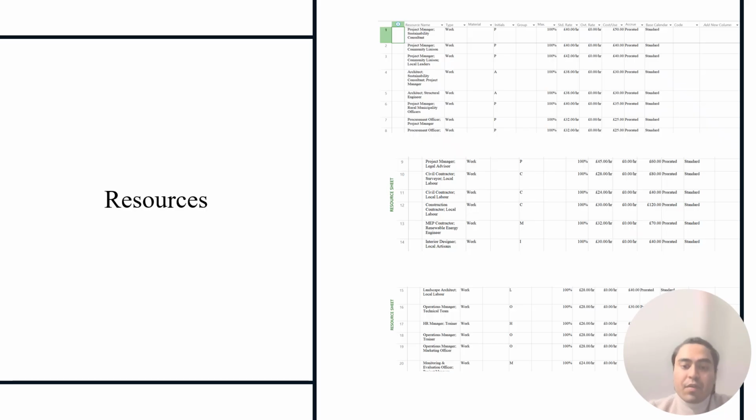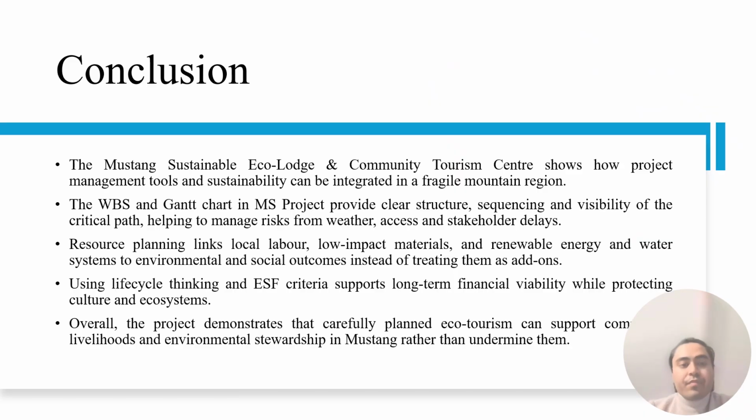By assigning resources carefully and watching for overallocation, the project can maintain a realistic workload and avoid bottlenecks, while the cost information helps feed into a financial analysis and life cycle costing of the lodge.